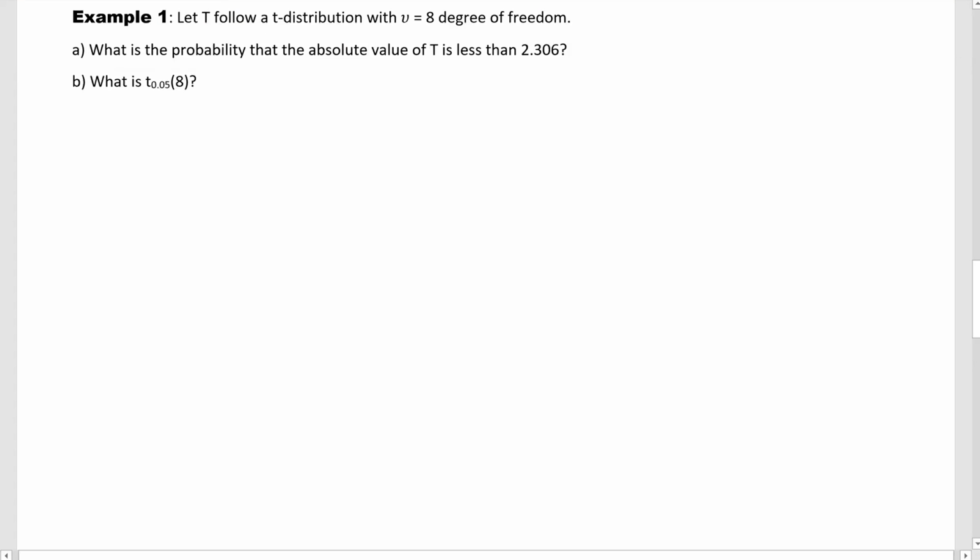We have the t-distribution with 8 degrees of freedom, and we're looking for the probability that the absolute value of T is less than 2.306.